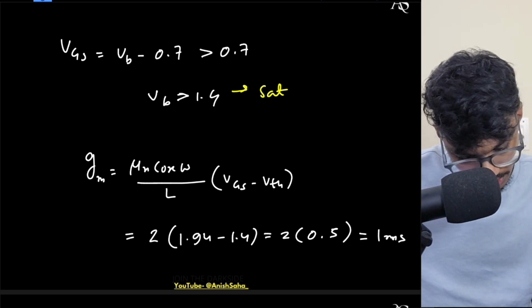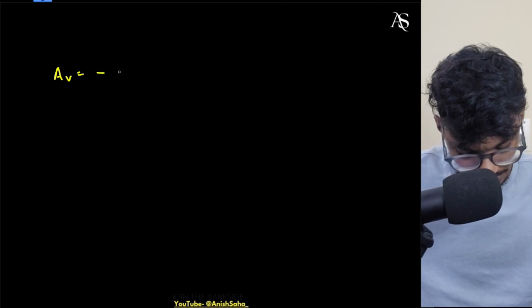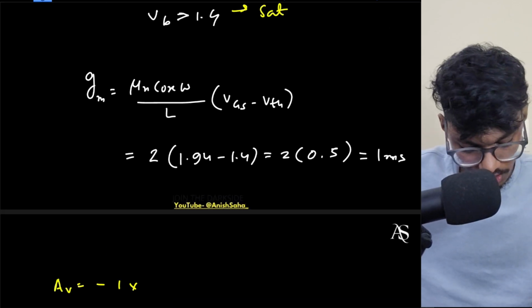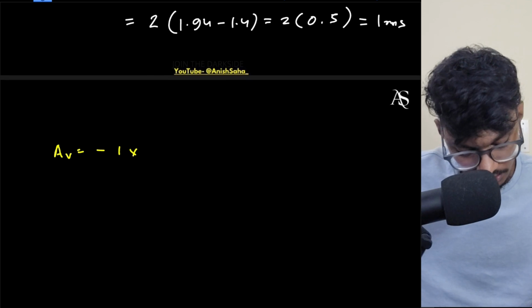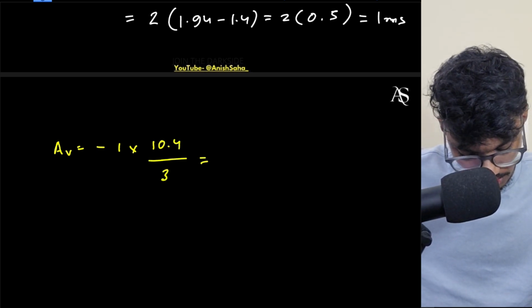Now I will replace this particular thing in the solution. So my gain, how much is it? AV gain is minus 1 millisiemen into 10.4 parallel with 20.8. So it will be basically 10.4 divided by 3 only.